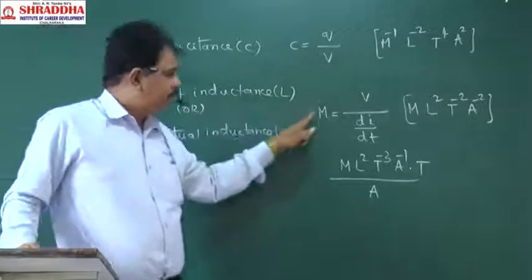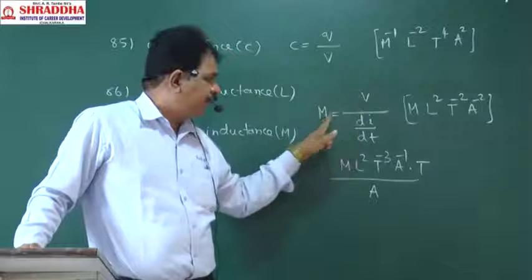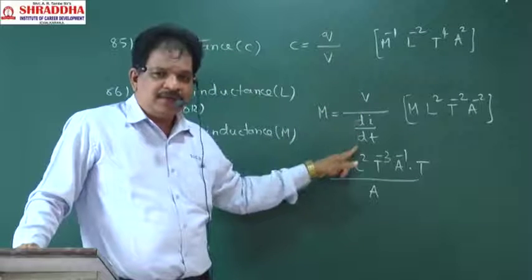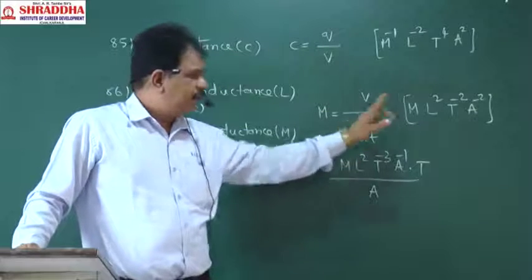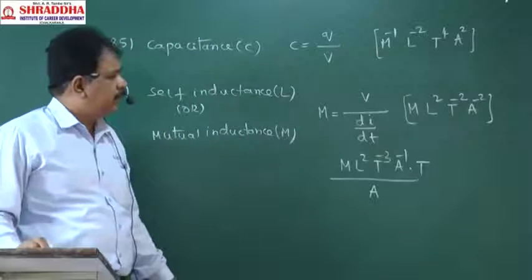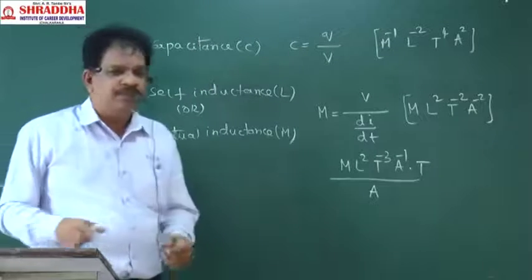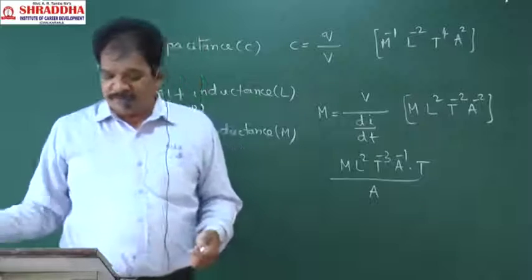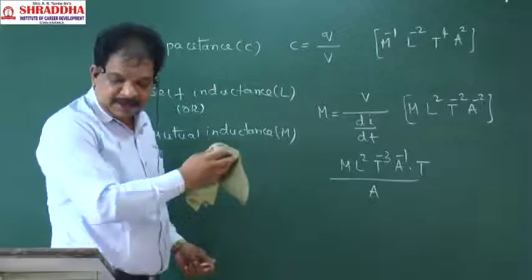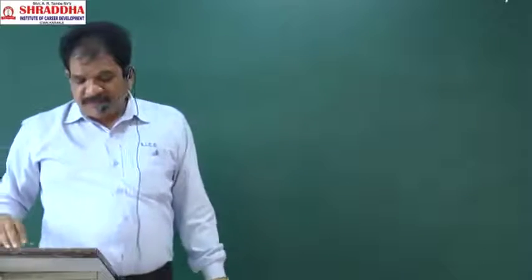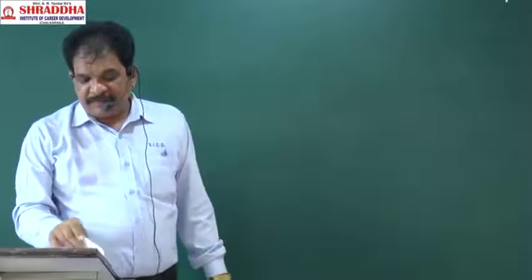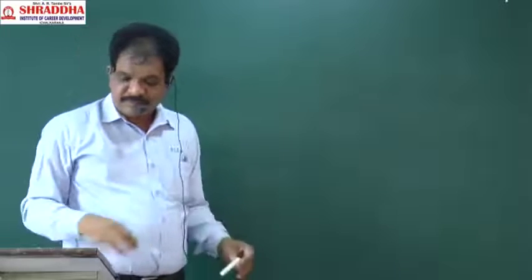The formula is this one, either for L or for M. The same formula will be there, and the dimensional formula for that will be M L square T power minus 2 A power minus 2. Okay? Next, after finishing this, permittivity we have not written.